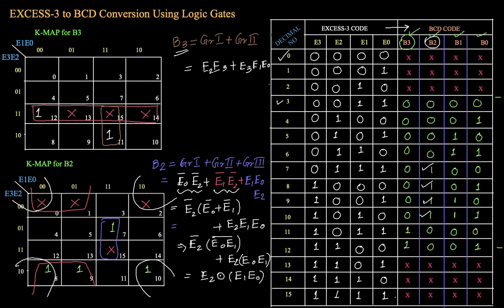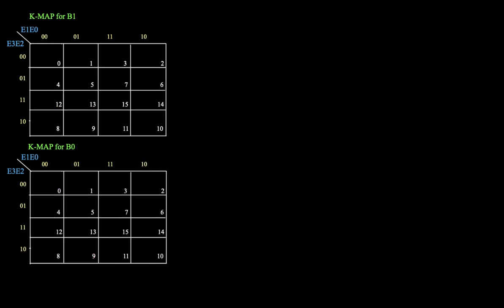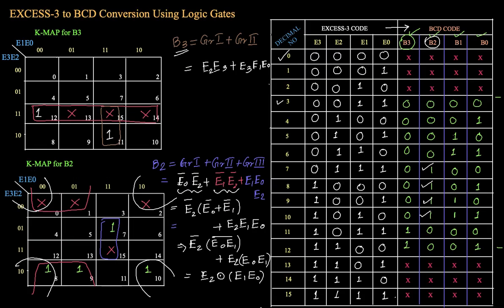Now go to the next, the calculation of B1. To calculate B1 we should know the position of 1. It means 5, 6, 9 and 10.